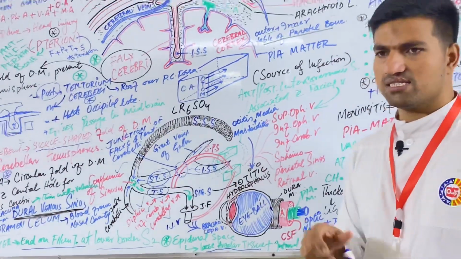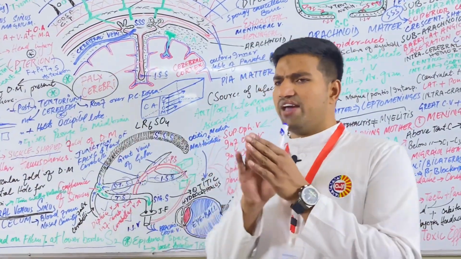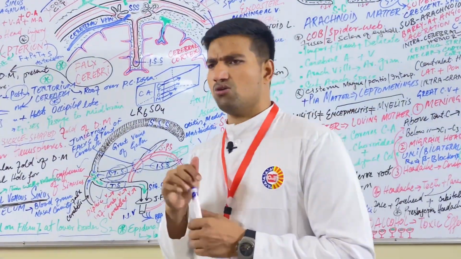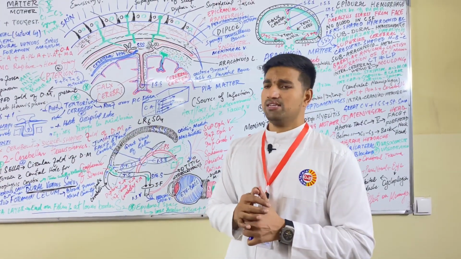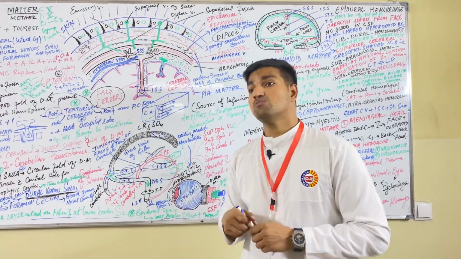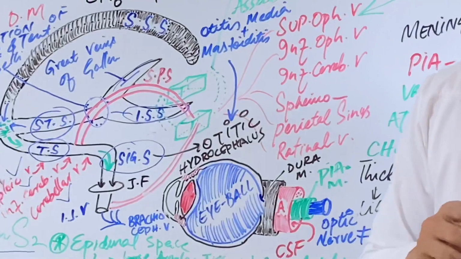This transverse sinus goes along the tentorium cerebelli, and when it goes down from the level of the tentorium cerebelli, it becomes the sigmoid sinus, and the sigmoid sinus is present at the mastoid antrum, the mastoid part of the temporal bone.